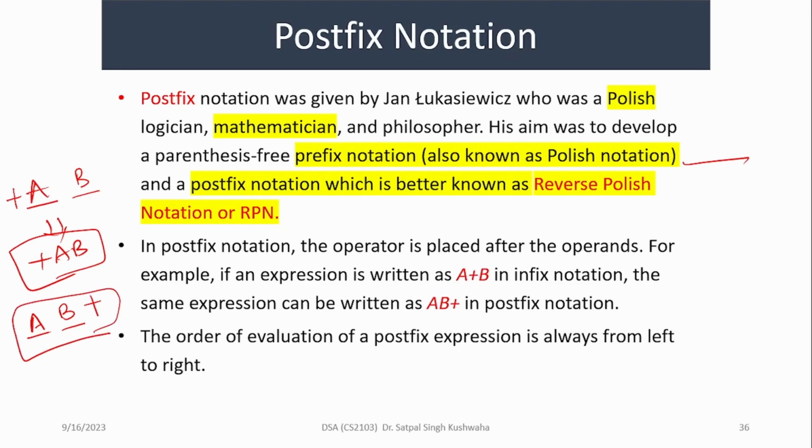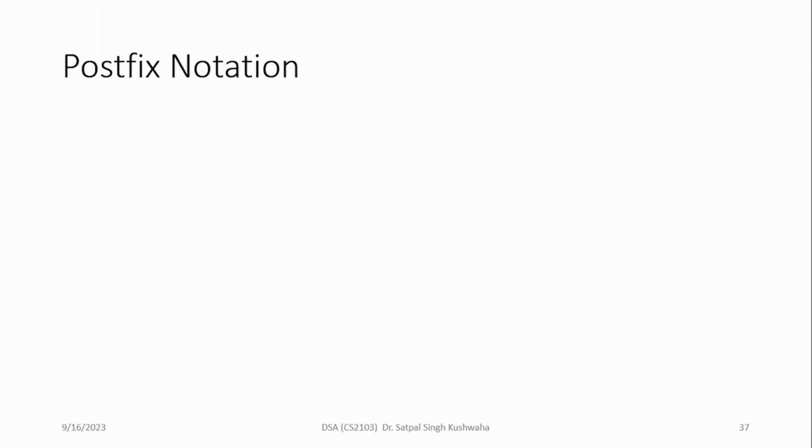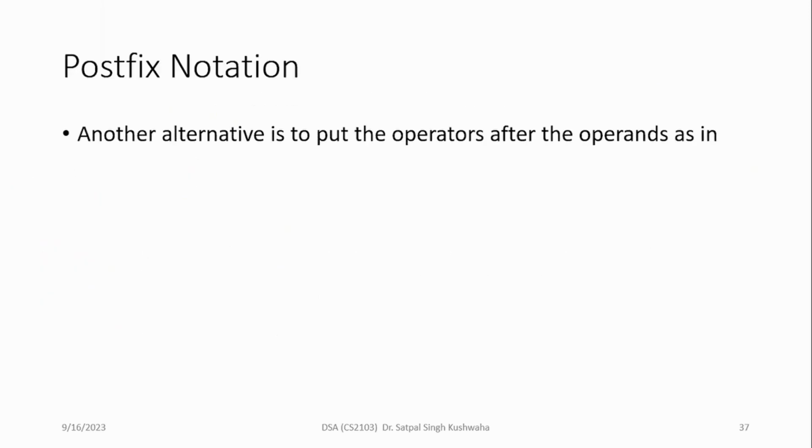Let's see something in detail. In the postfix notation, the alternative is to put the operators after the operands, like a b plus or a b star.